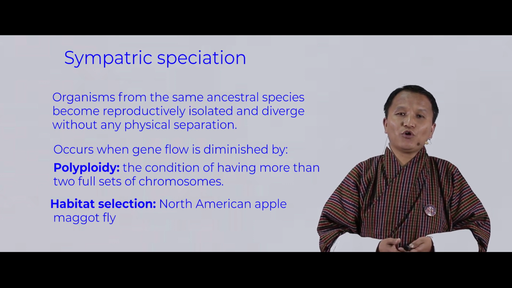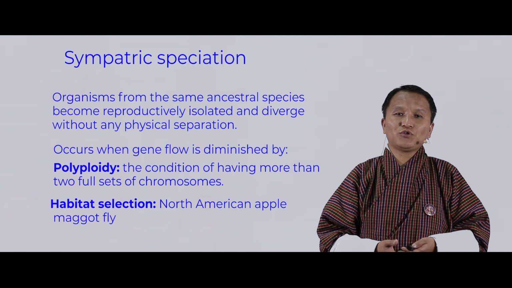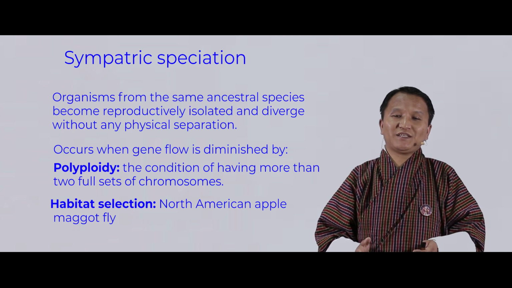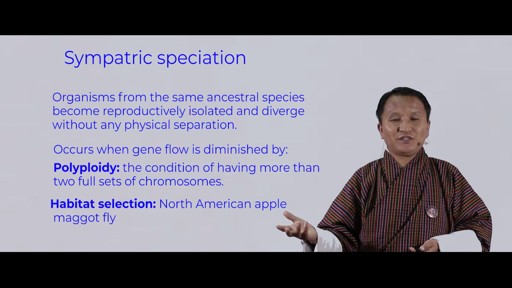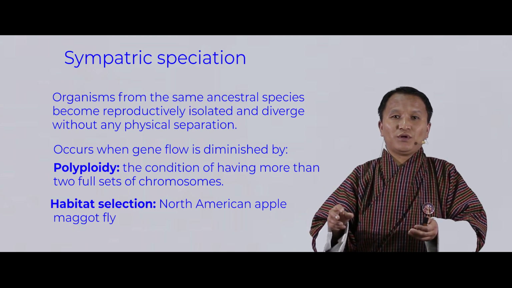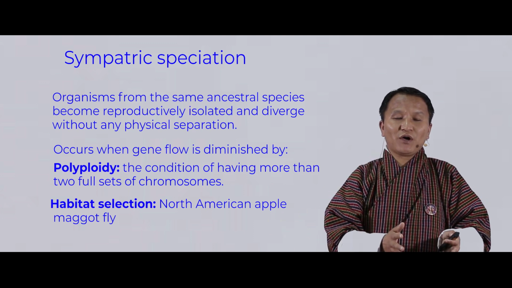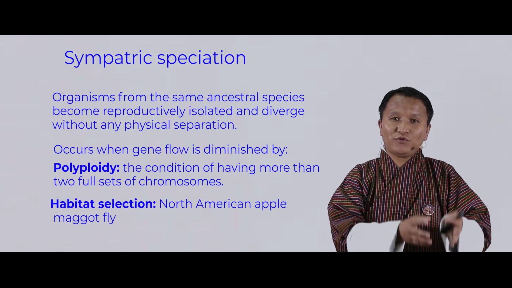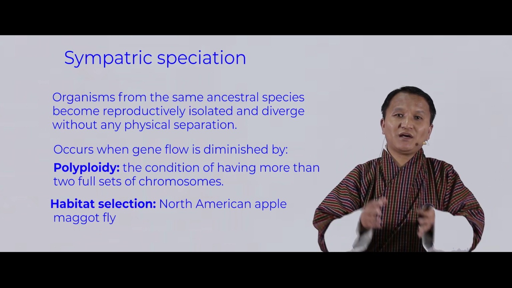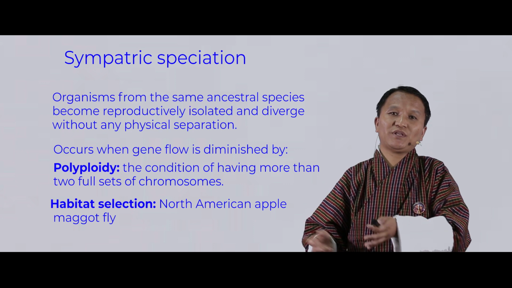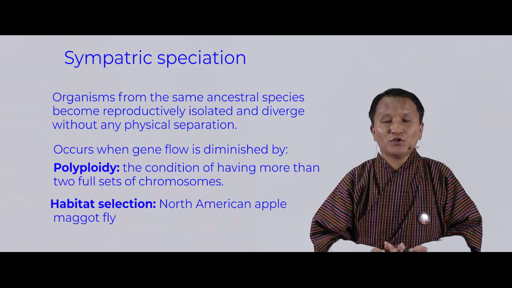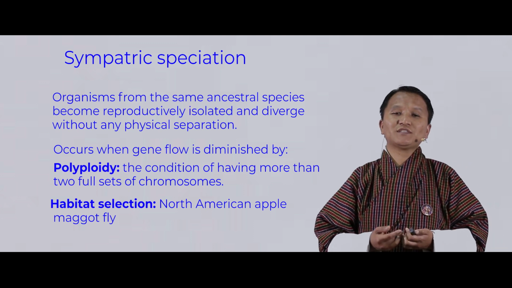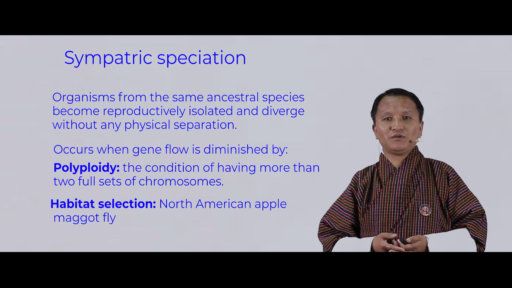But later, when the Europeans moved from Europe to America, settled there and started growing the apple, after generations, these two, the maggot fly which is feeding on the hawthorn fruits and the maggot fly which is feeding on the apple, turned out to be different species. So this is an example of sympatric speciation.